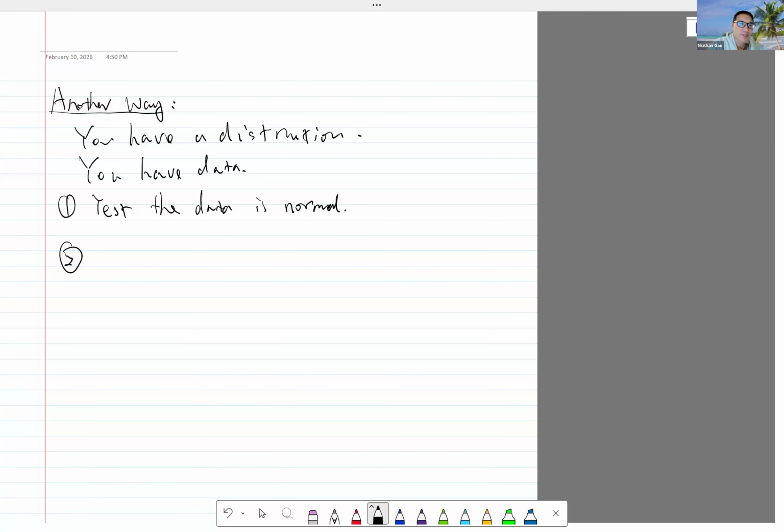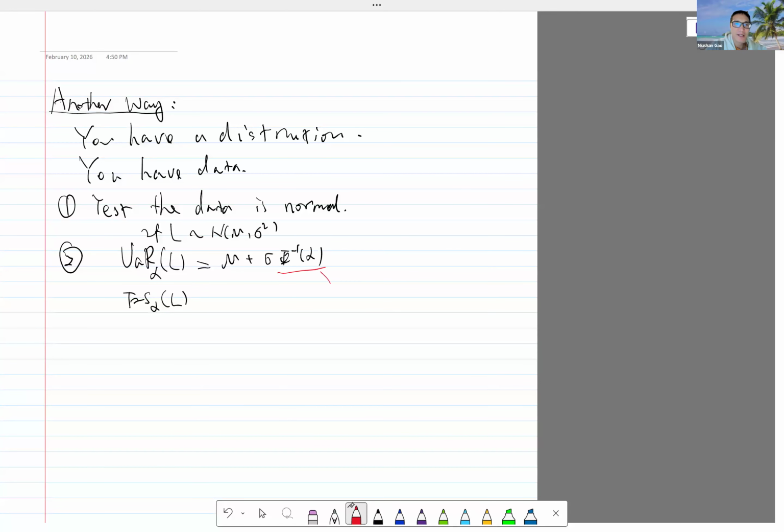Because of the value at risk of a normal distribution. If L follows a normal distribution, we have formulas for them. For example, this is mu plus sigma times phi inverse of alpha. This one, you can check in a table.